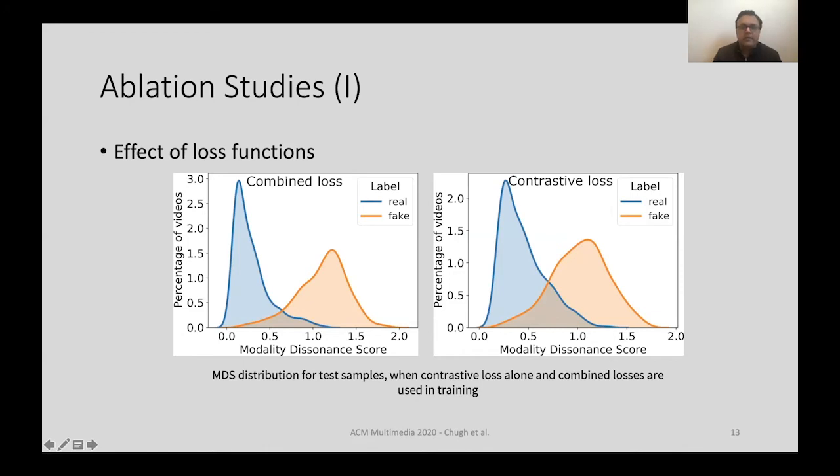Here we see that for the combined loss, the distribution of the real videos and the fake videos has a smaller overlap as compared to when we only use the contrastive loss. So the overlap of the modality dissonance score is high when we only have one loss function as compared to when we have the three loss functions, that is, when we add the cross entropy loss to the contrastive loss.